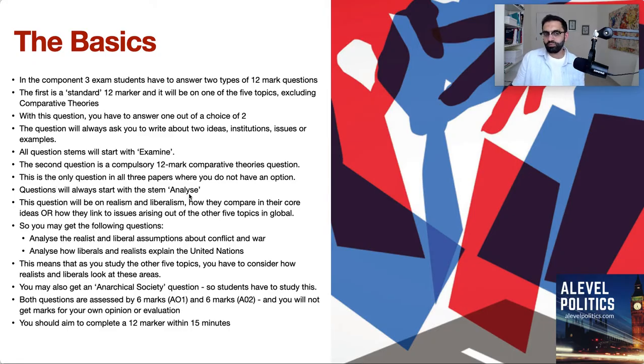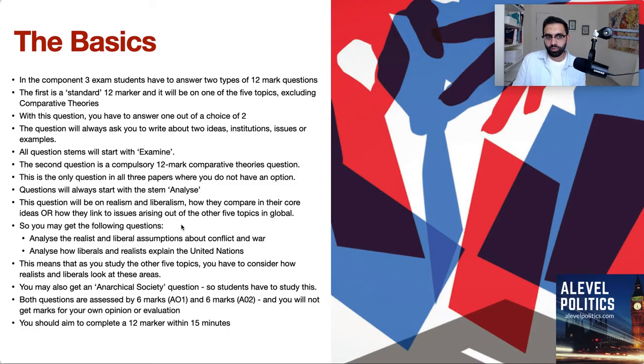Questions will always start with "analyze" in this section B 12 marker, in the comparative theories 12 marker. And this question will be on realism and liberalism, firstly, or how they compare in their core ideas, or how they link to issues arising out of the other 5 topics in global politics.